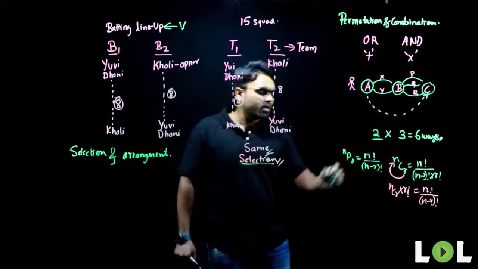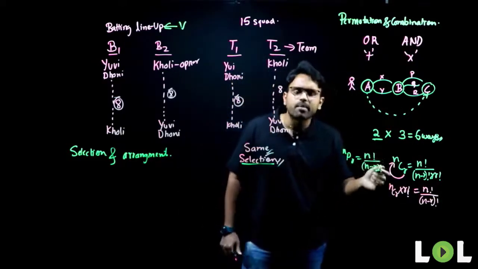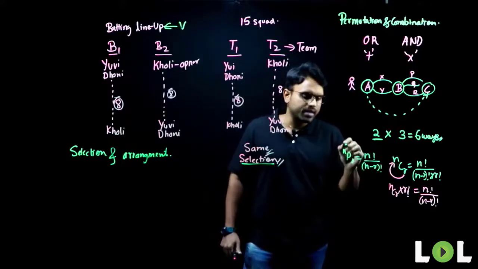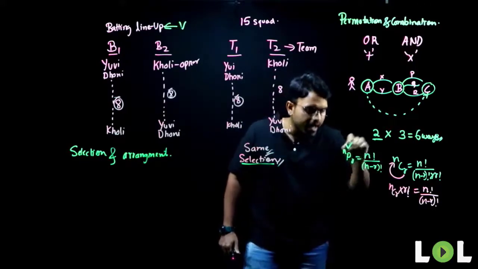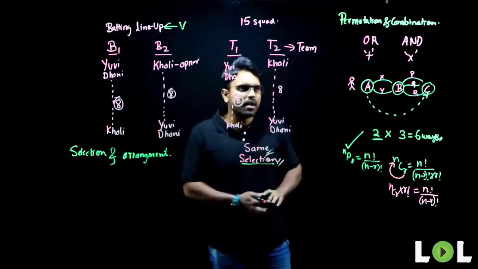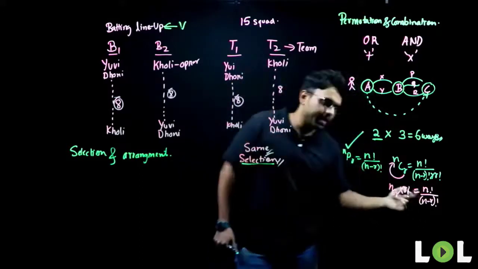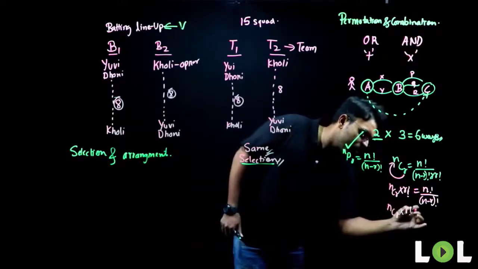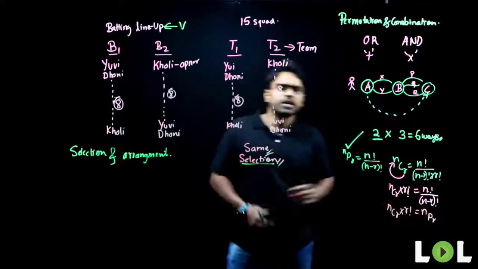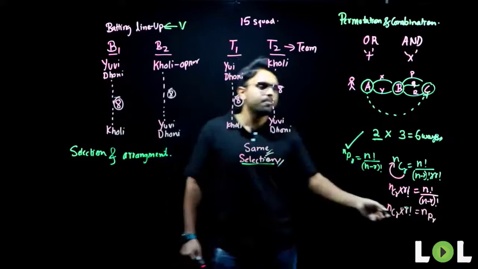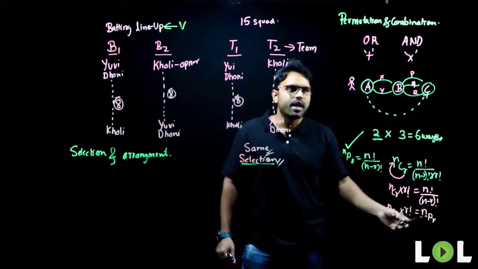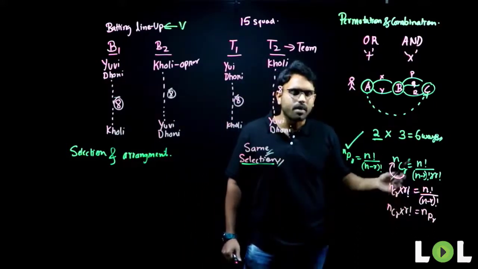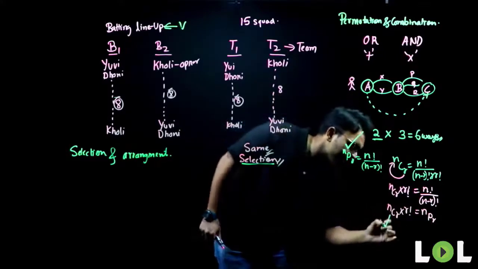Now, what is N factorial divided by (N minus R) factorial? It is nothing but NPR. So can I replace that? NCR into R factorial equals NPR. Can I replace this with NPR? Yes. Everyone able to follow? Now, what is NCR?